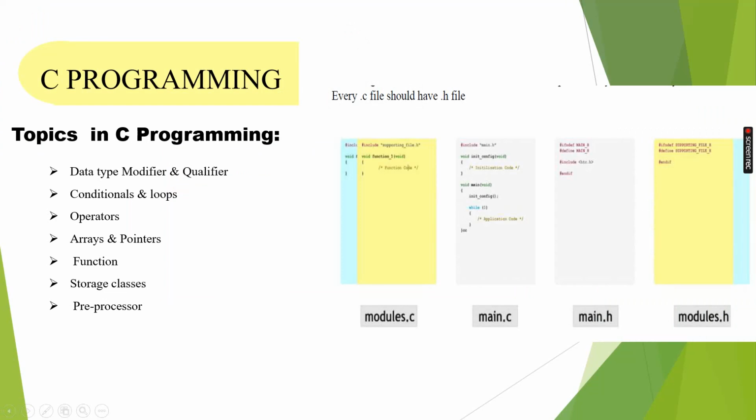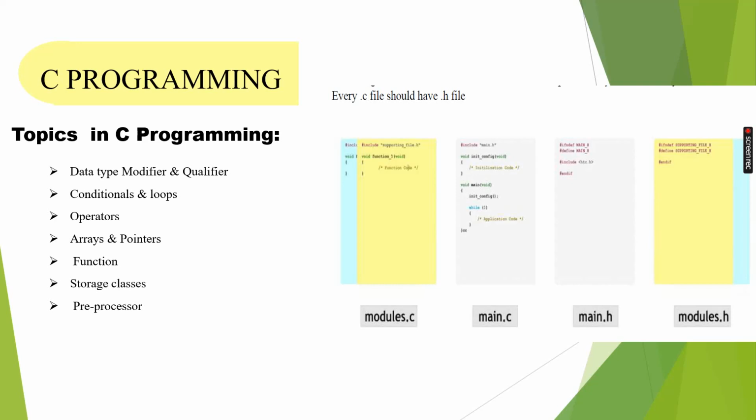C programming. C programming consists of different topics as shown here. The data types and modifiers are the main considerations for defining the data. The conditional and looping statements are used for decreasing the code and providing us efficiency. Examples are for and while loops.